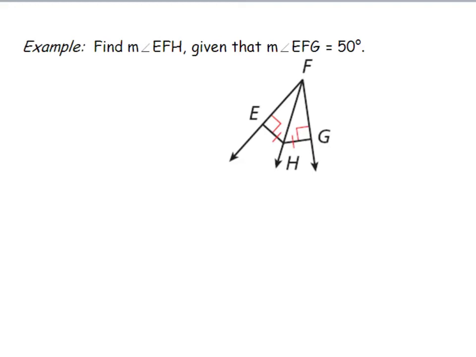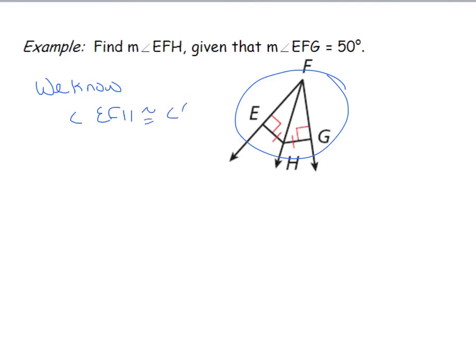Okay, so what you should have done, remember our thought process. What do we know? Well, looking at the picture here, we know that angle EFH has to be congruent to angle GFH, and this is because of the converse of the angle bisector theorem.